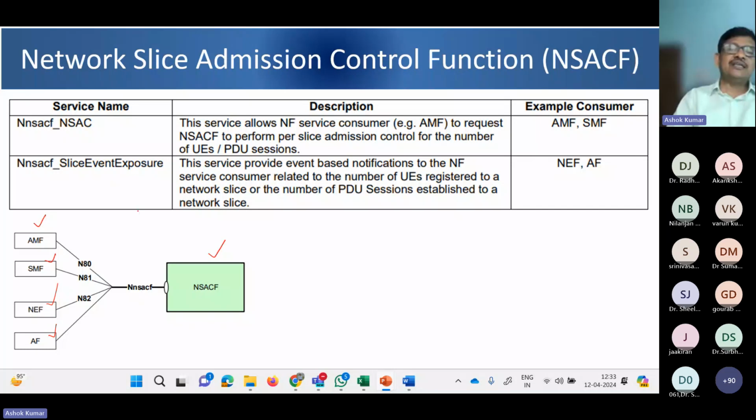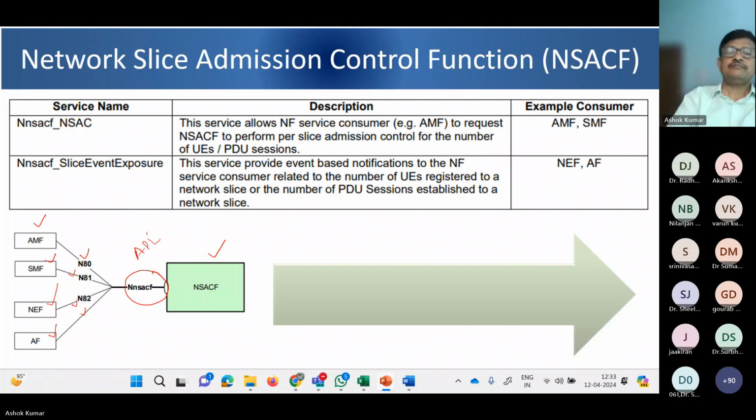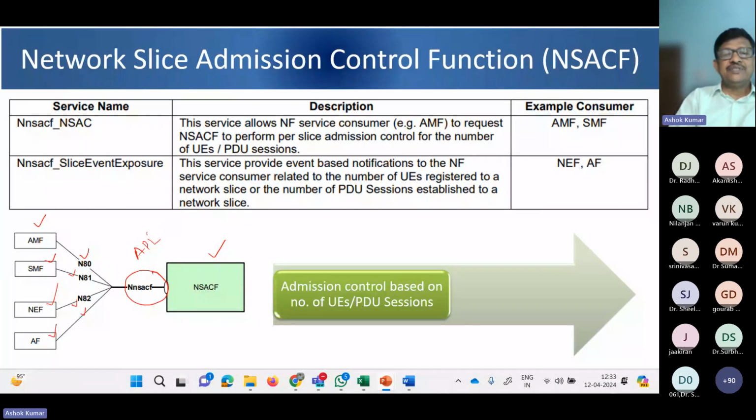So all these can connect to the admission control function either through an API call, or maybe through a reference point architecture defined in the standard. So what are those things? The admission control will be based on the number of UEs in a slice. In a slice, we may configure that only 1 million UEs can be served simultaneously.